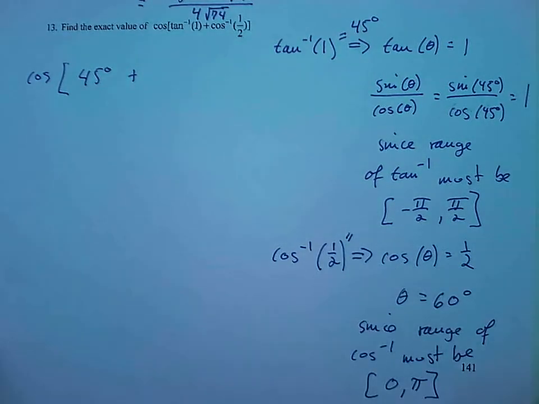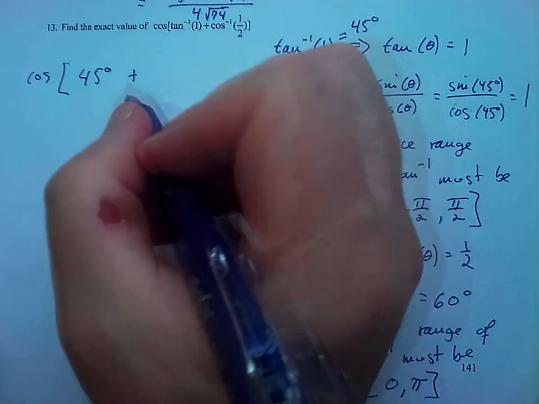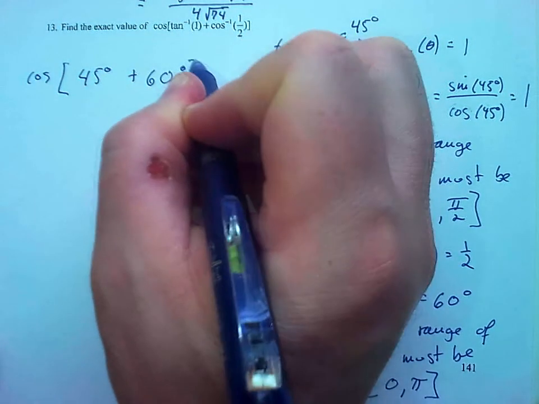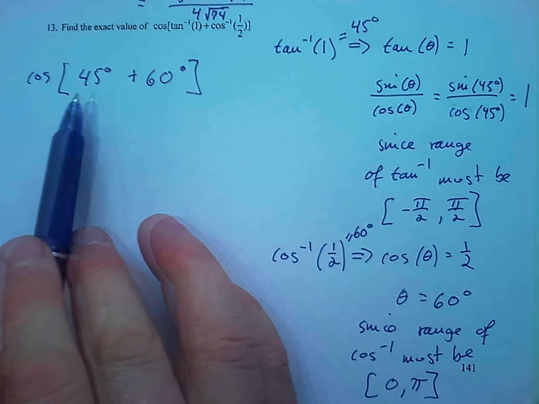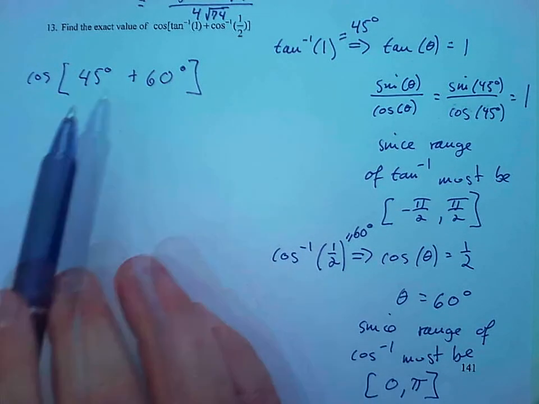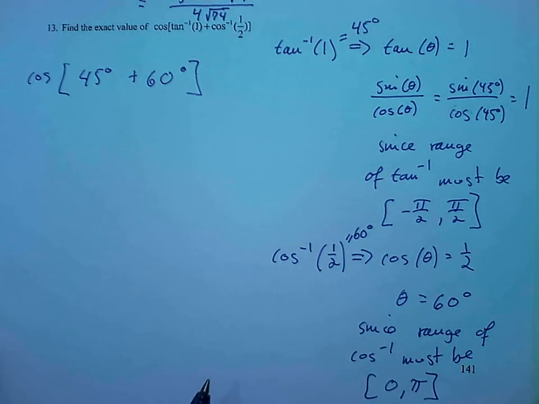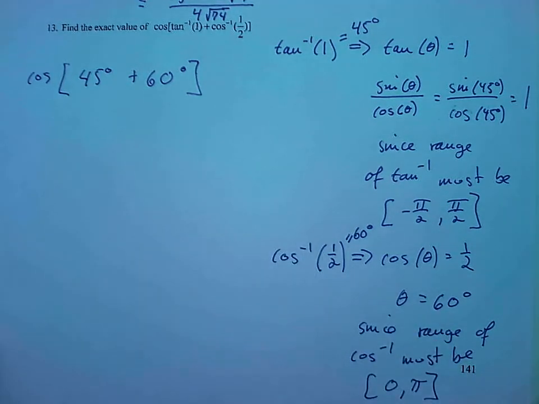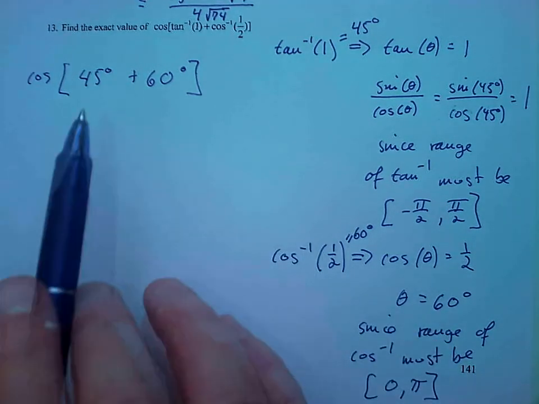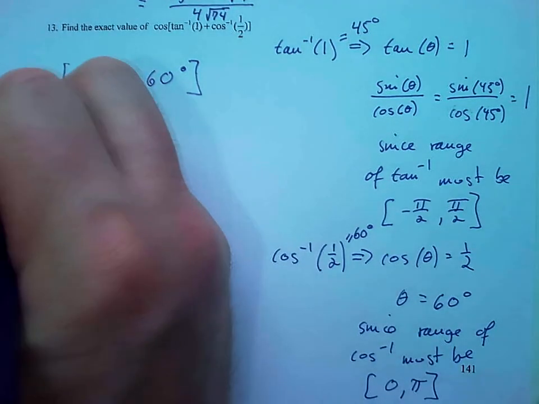And this right here, we just determined is equal to 60 degrees. So then this is going to become 45 degrees plus 60 degrees. And now we're right back down to concepts that we have in this section. These two things were concepts from previous sections. Now this is just a concept from this section.